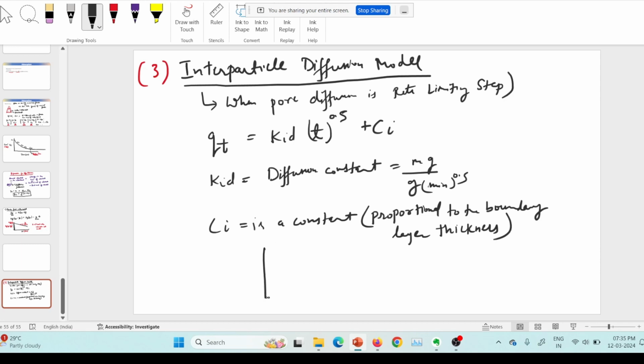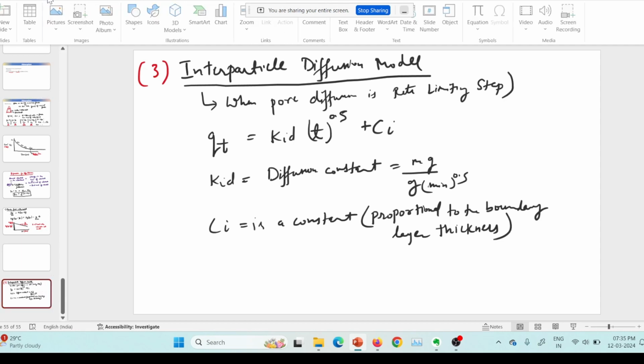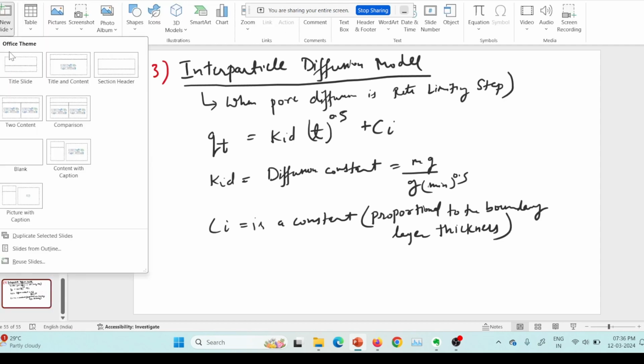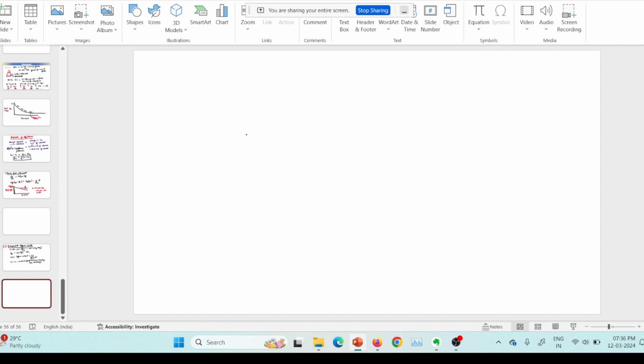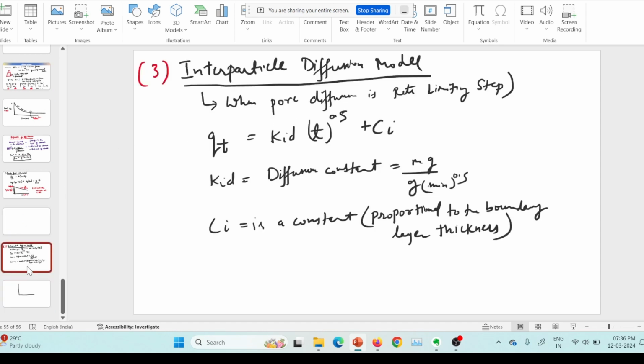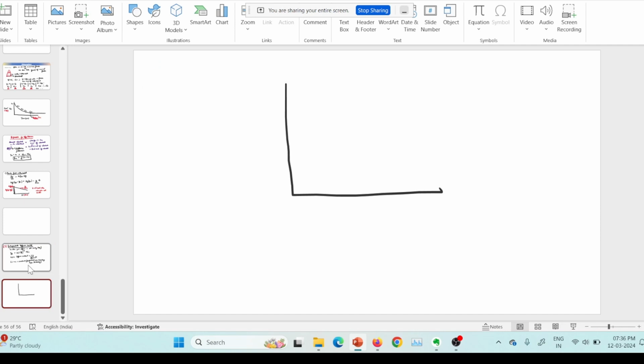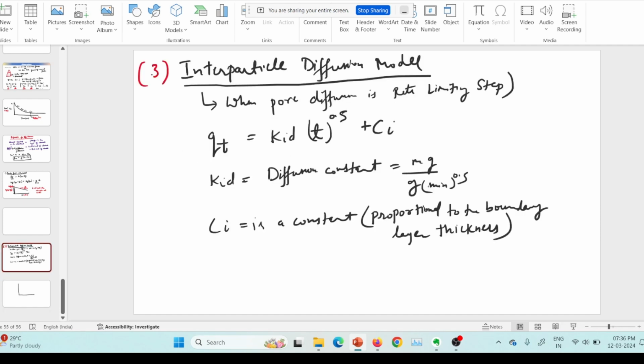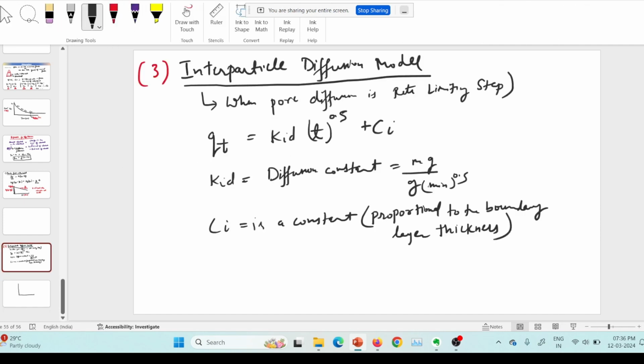And if you plot it, plot qt versus under root t.